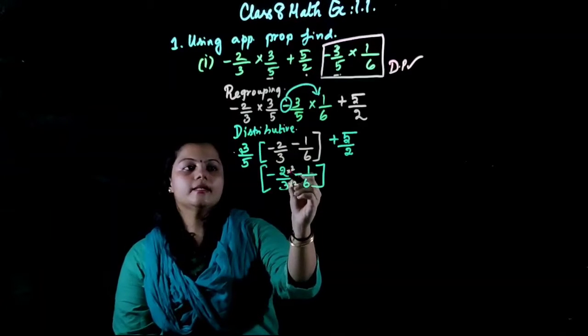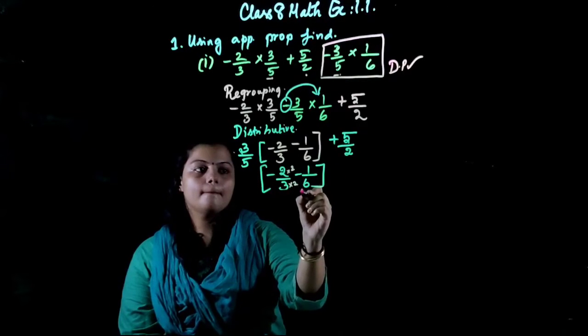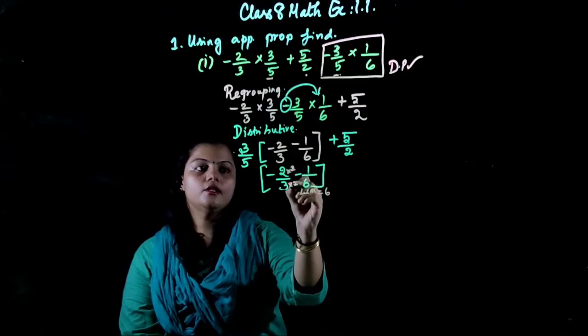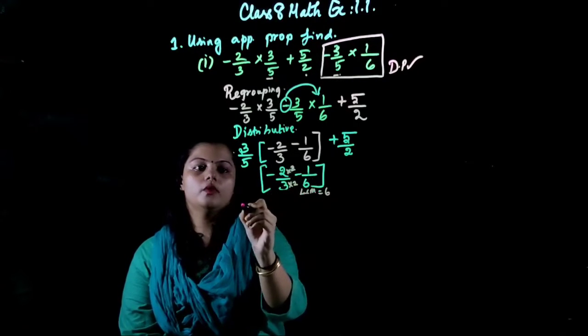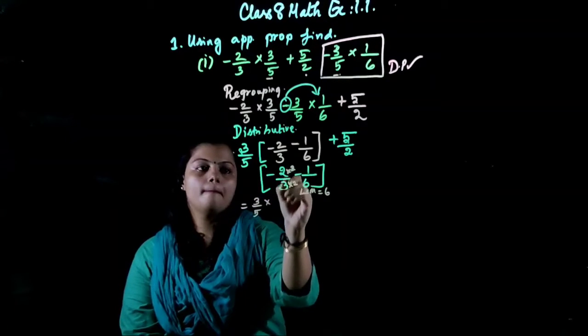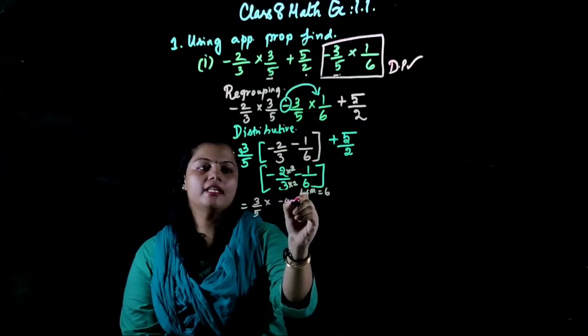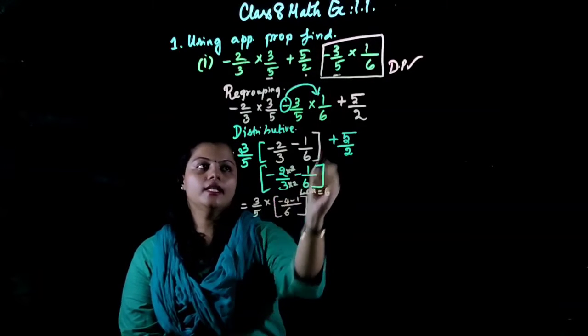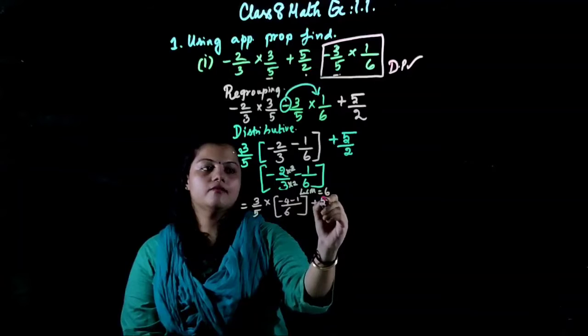So taking LCM as 6, we multiply the numerator and the denominator by 2, then we would get 3 by 5 into minus 4 minus 1 whole divided by 6. And on the other side I have plus 5 by 2.